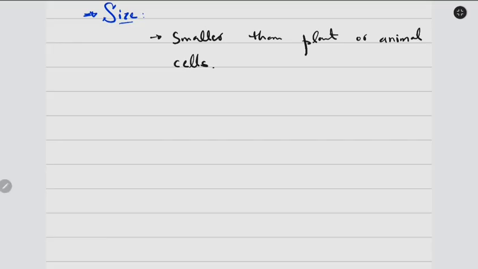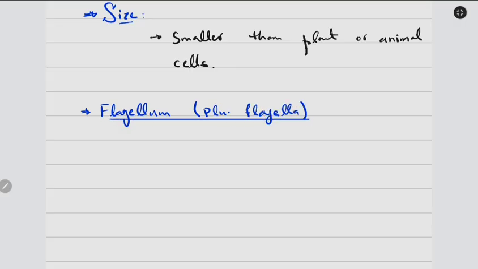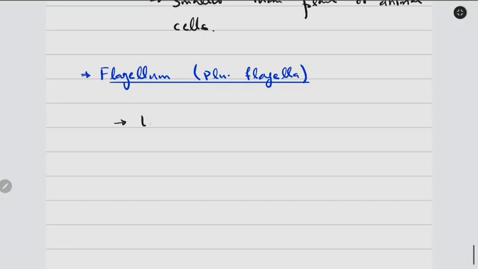So what next? Some bacteria might even have a flagellum. Flagellum, plural is flagella, which is a whip-like or thread-like structure, a long thread of protein, that helps in locomotion.